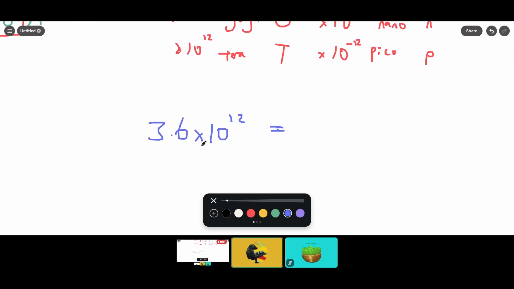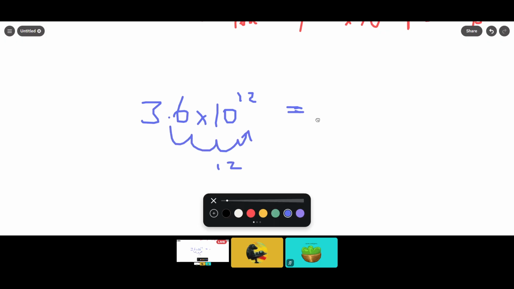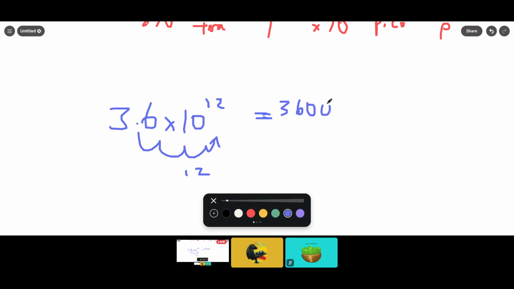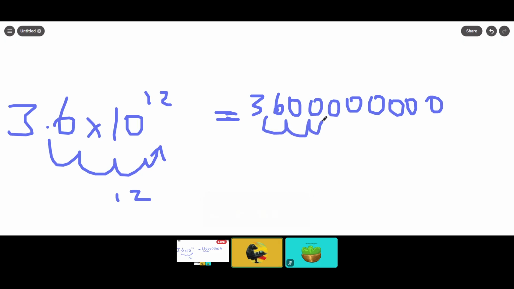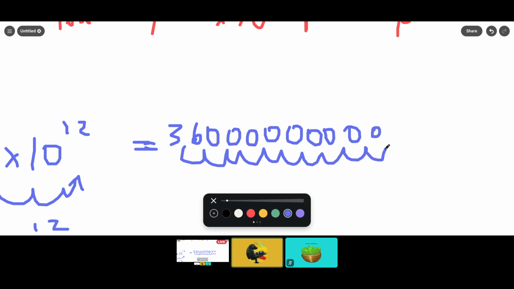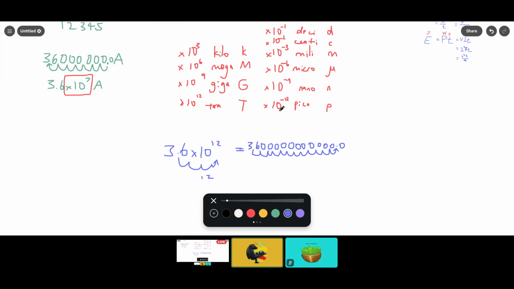For this, you would be moving the decimal point backwards 12 times. So let's go ahead and try that. It will move back 12 times: 1 2 3 4 5 6 7 8 9 10 11 12.